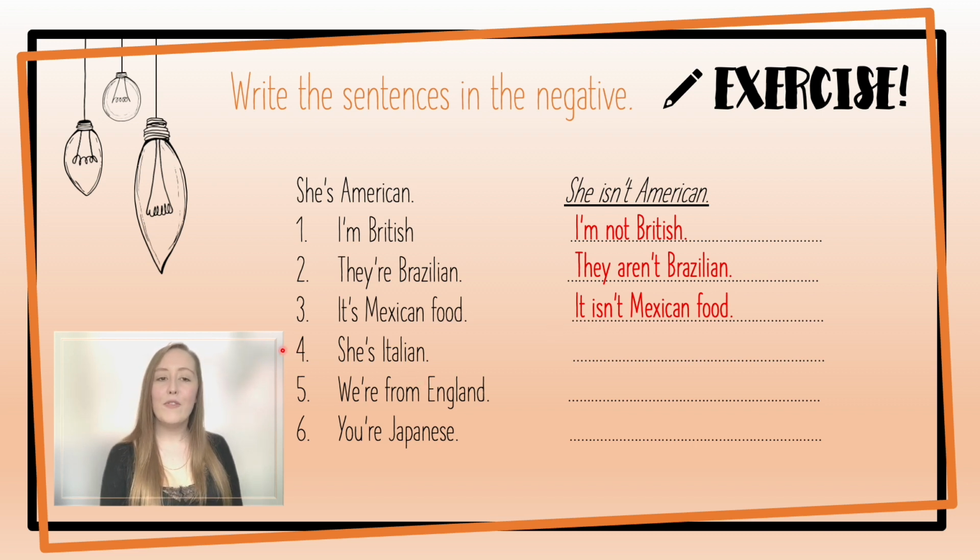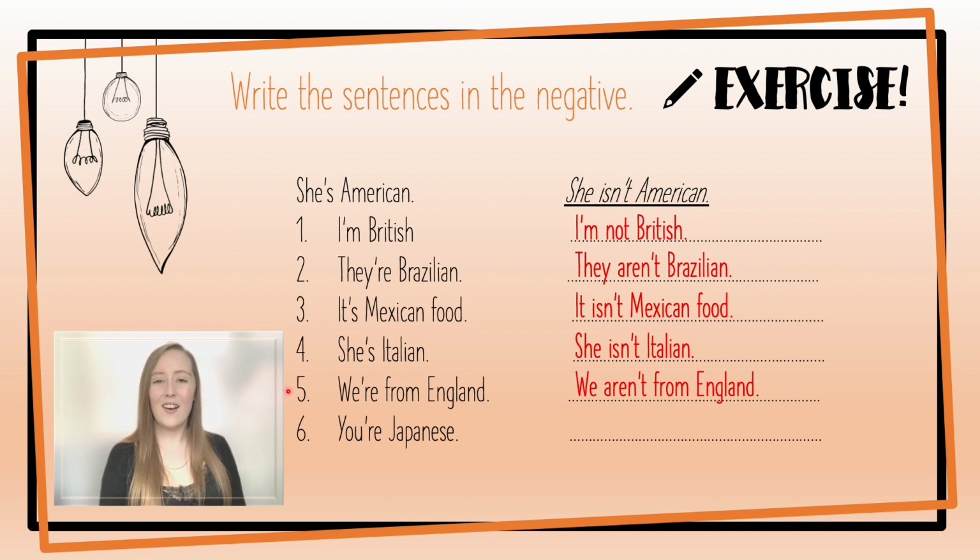Let's try number 4. She's Italian. How can we make this negative? Good. We can say, she isn't Italian. She's Spanish, for example. Good. How about number 5? We're from England. How can we make this into the negative? Good.